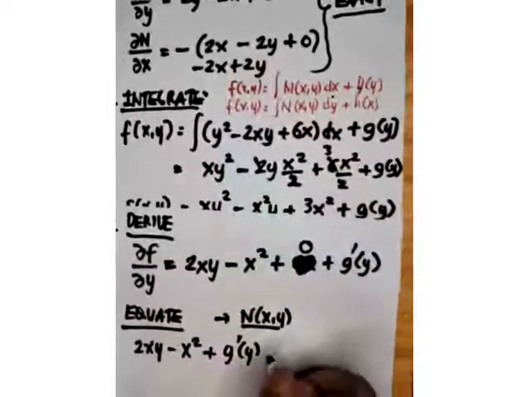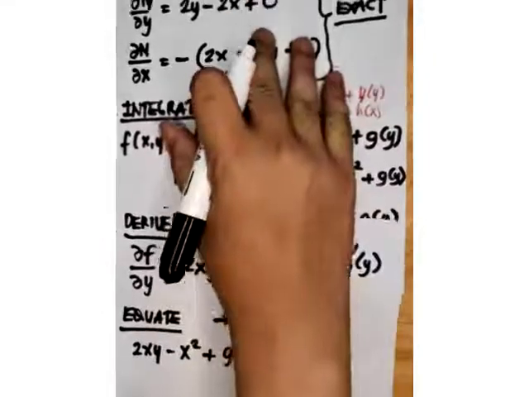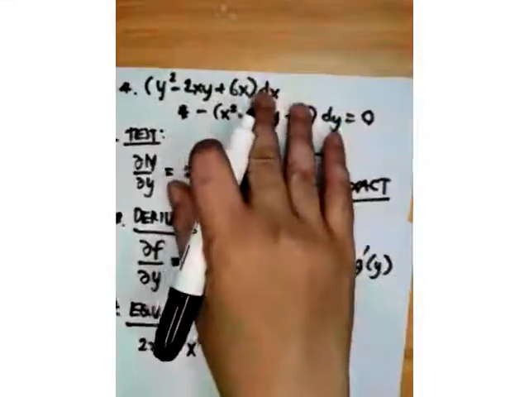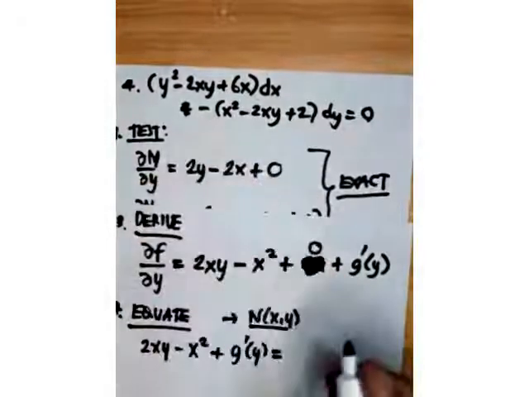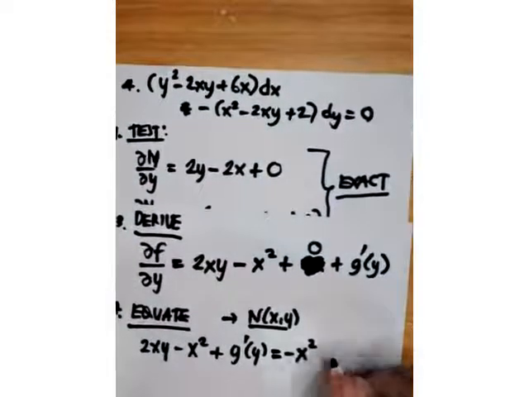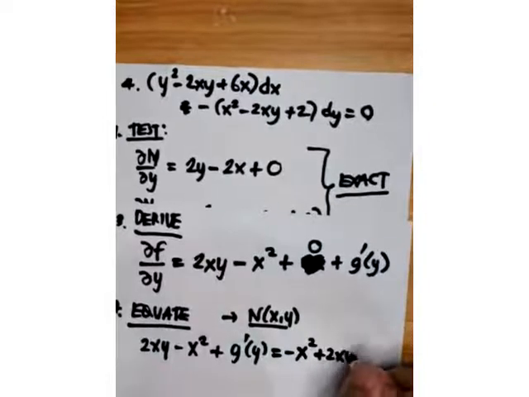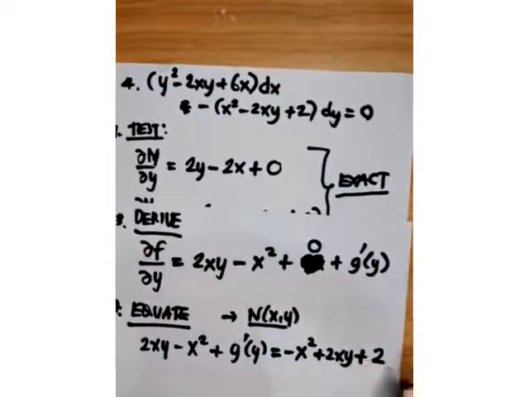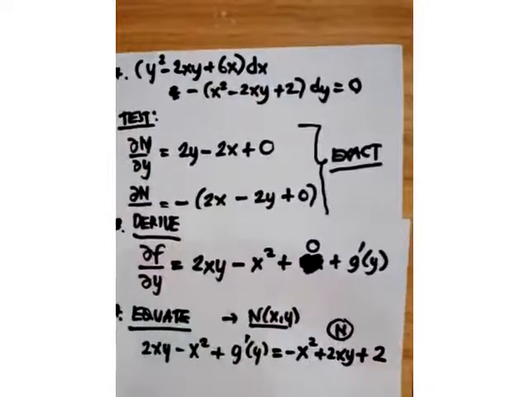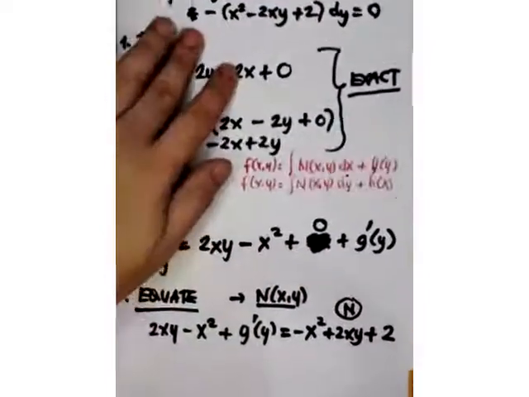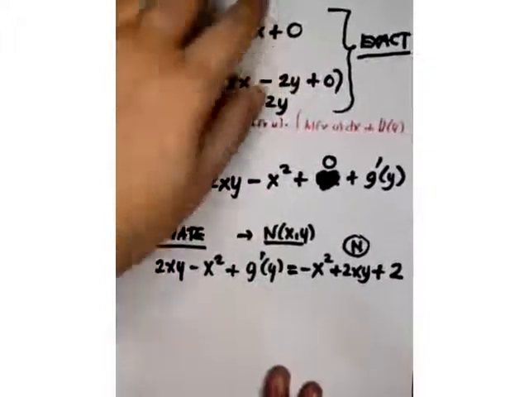Okay. Equate daw natin is equal to, mabalik tayo. Ano ba yung n? Ito yung n, di ba? O, distribute na lang natin yung negative. Negative x squared plus 2xy plus 2. Ito yung n. Ayan. Kasi choice natin m. Kaya equate nyo siya sa n.